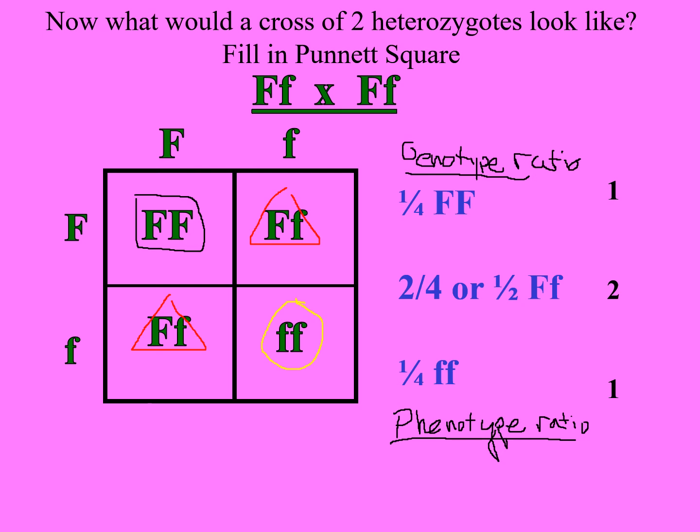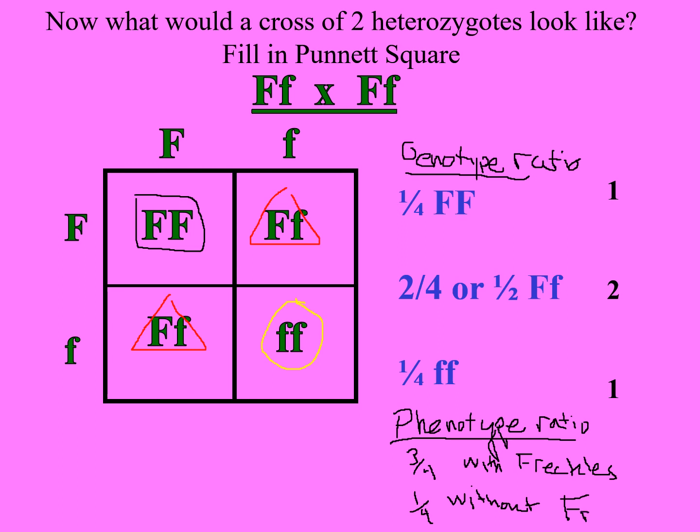And in that case, we have 3 out of 4 with freckles, and we also have 1 out of 4 without freckles. I'll just put a big capital F here just to clarify.